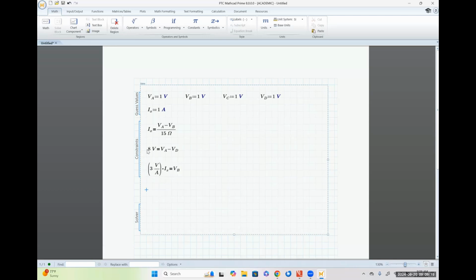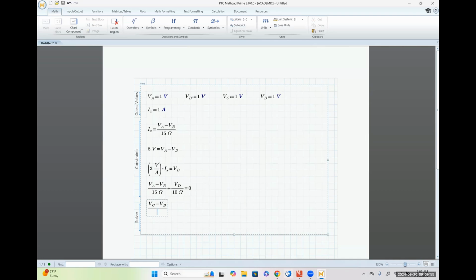Then I have my KCL at supernode AD equation. So that looked like VA minus VB over 15 ohms plus VD over 10 ohms is control equal to 0. And then lastly, I had my KCL at node C equation, which was VC minus VB over, was it 5 ohms?